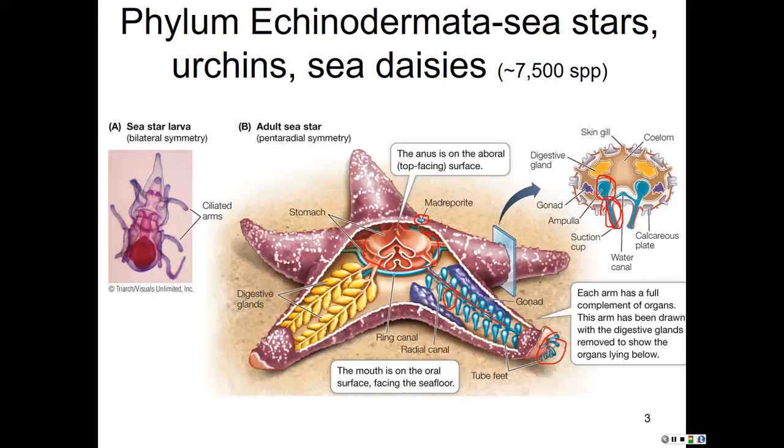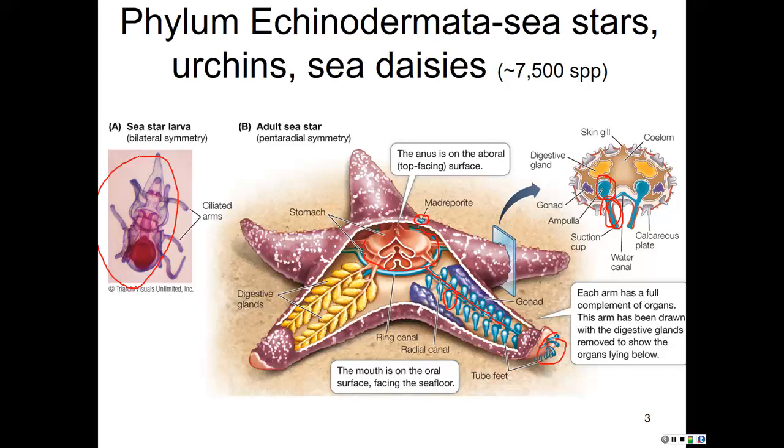So as adults, they exhibit this pentaradial symmetry, and if you look, they actually have different structures on different sides, right? This madreporite is not on all the sides. It's not like we have 5 of these, so that if we split it 5 different ways, it would look the same. It's not exactly the same. And not only that, but during the larval stage, there is clear bilateral symmetry.